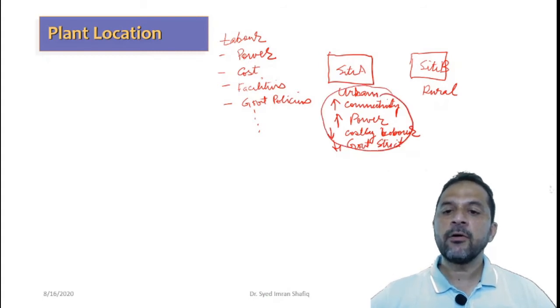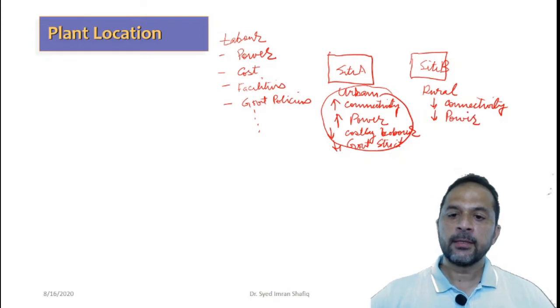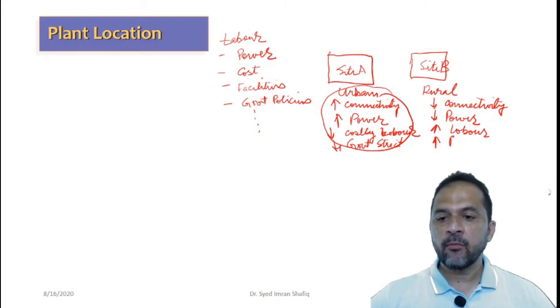And another scenario is for site B. It has poor connectivity of roads or trains or anything. It has a poor power supply, but the labor is easily available, and it is cheap also, and there are favorable government policies.